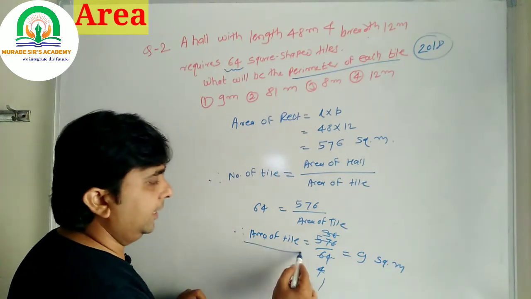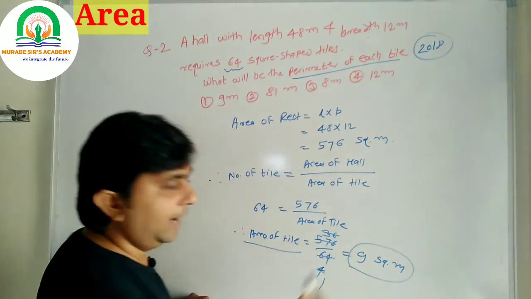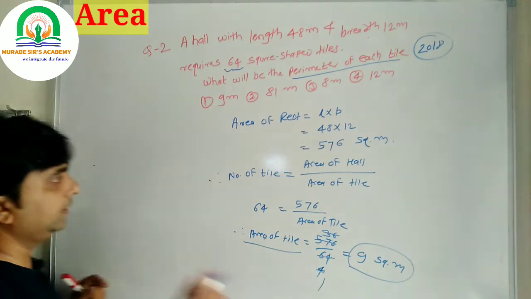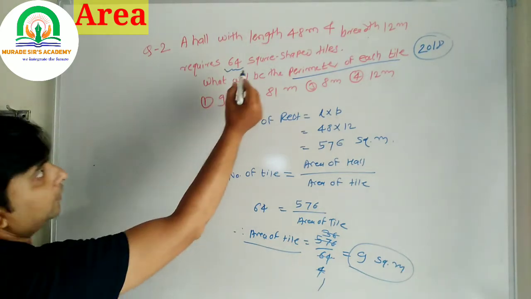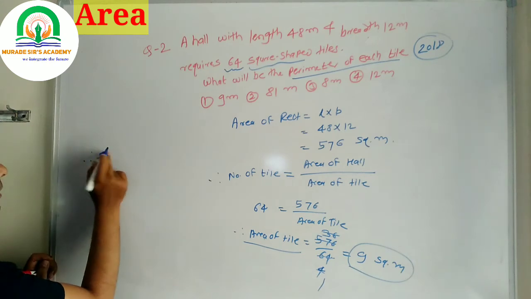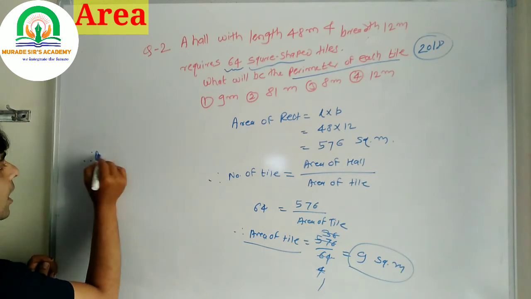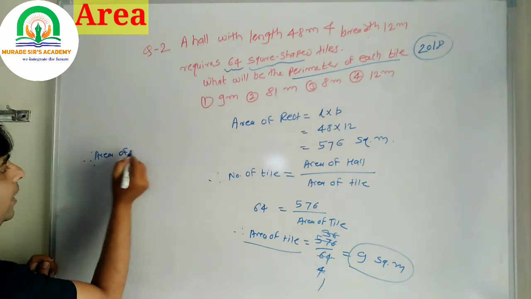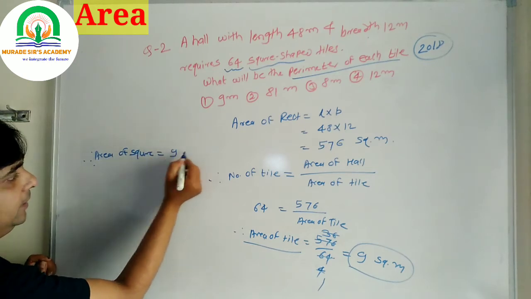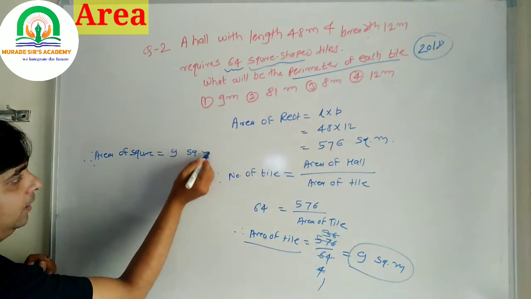This is the area of the tiles. They have given square shaped tiles, therefore area of a square shaped tile is equal to 9 square meter.